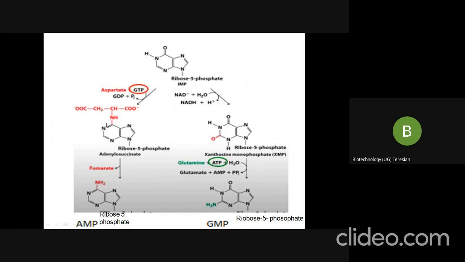And next, what happened? Next you see here what is being formed? Adenosine monophosphate is being produced. The picture is cut off here. So what happens is we are retaining here only the amine group, right? The amine group from where did I get?